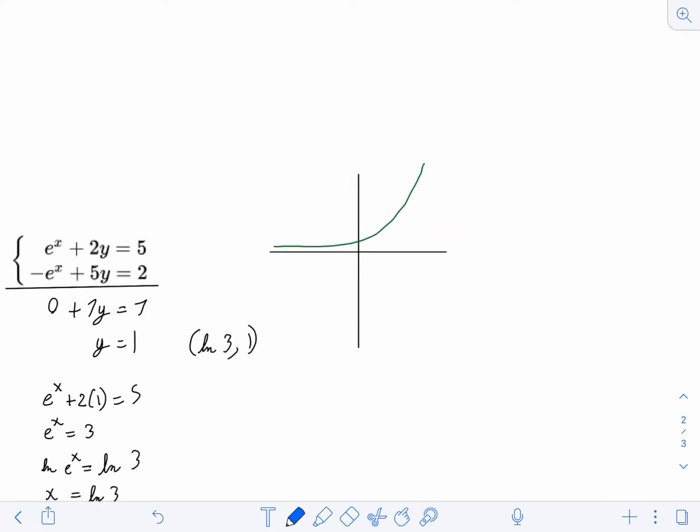And where they intersect, the y value will be 1, and the x value will be the natural log of 3, which is going to be just a tiny bit over 1.